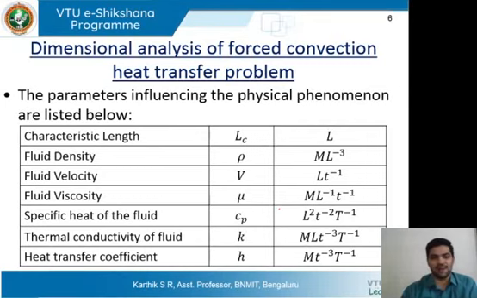These are the parameters which influence the physical phenomenon of forced convection. I have also listed out the dimensional equivalents for these parameters. You can see here, you have to convert them into M, L, T and temperature. Here both time and temperature are present, so please be careful and note it.